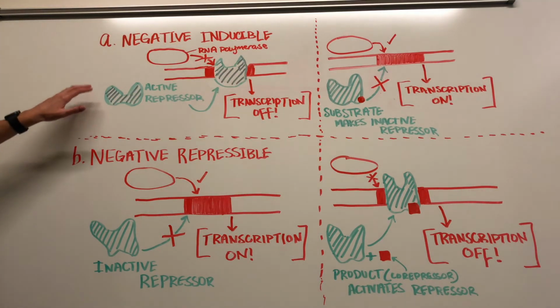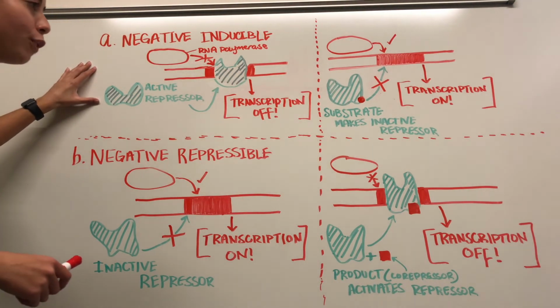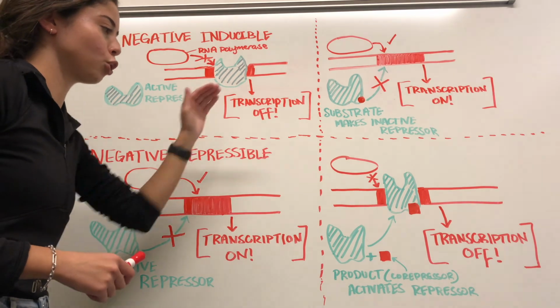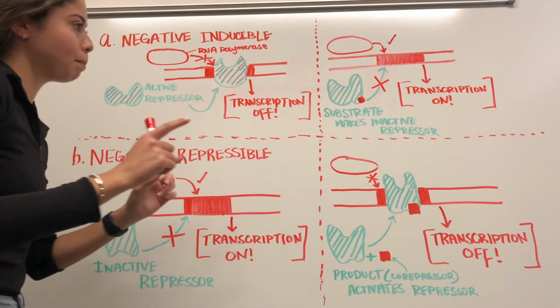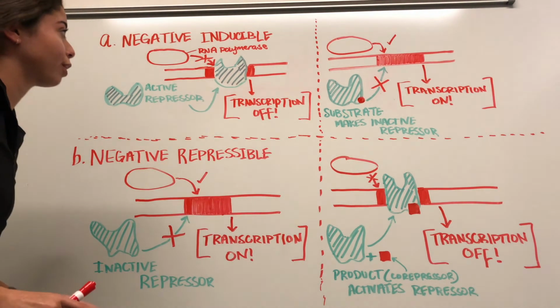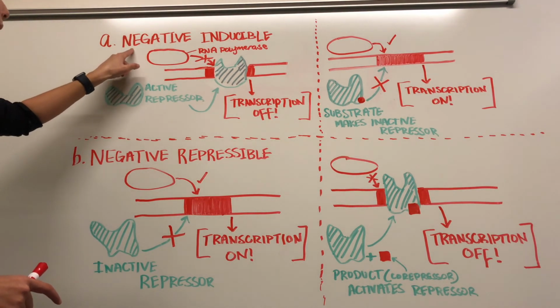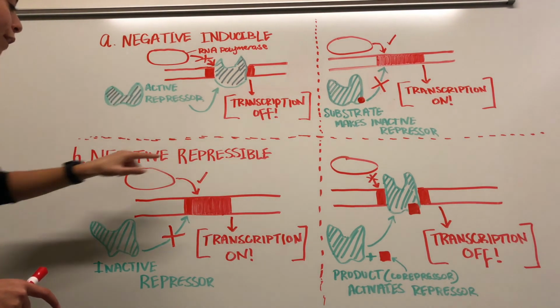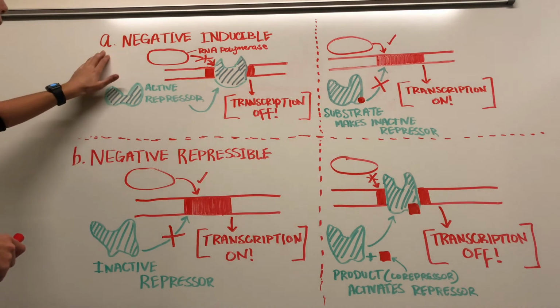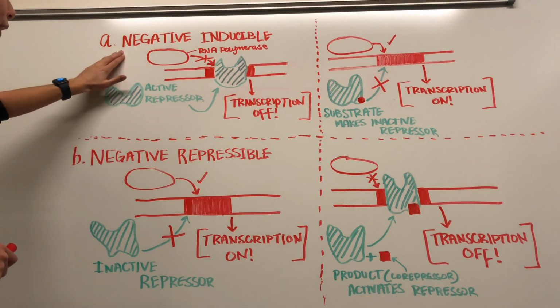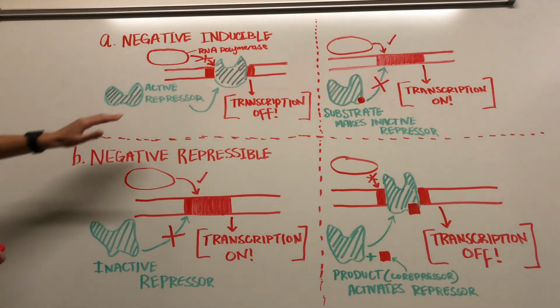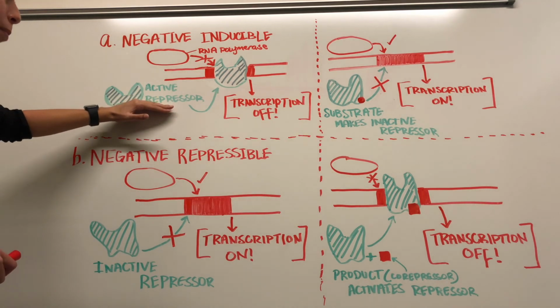So we've switched to the whiteboard. I want to give you a quick overview of inducible versus repressible, but I'd like to clarify one thing. I added negative in front of both the system names. The reason I say these are both negative inducible and negative repressible is because a repressor is active.